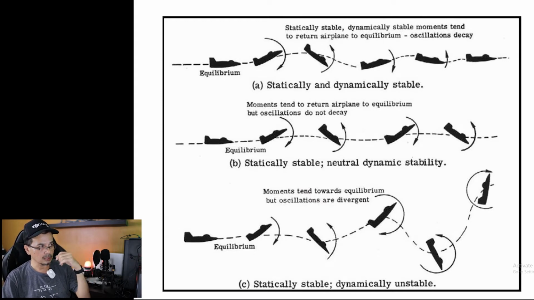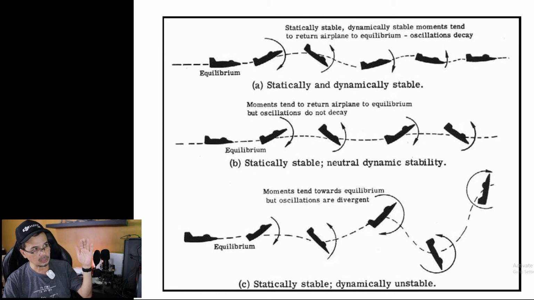So this is general dulu about overall the comparison between static and dynamic stable. Nombor satu you boleh nampak kat situ adalah statically and dynamically stable. Tapi nanti saya akan break into static and dynamic part by part. So in general kalau you nampak kat sini, once the plane deviates daripada straight flight path, so they tend to somehow oscillate.